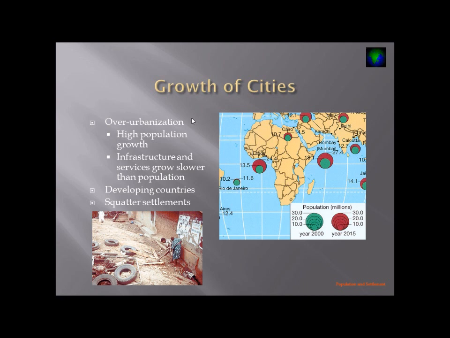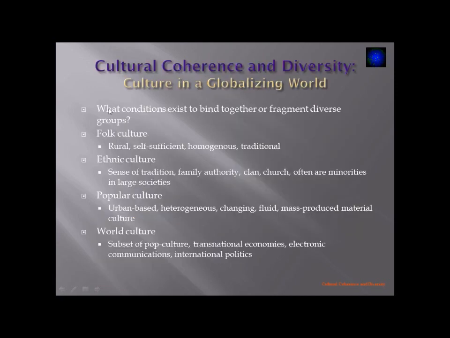When they get there, they find there are no jobs. They don't have the skills. And what we find is squatter settlements like this particular photo shows here. So you can see the growth, over-urbanization, if you will, of areas. There's Lagos, Mumbai, Cairo, all in developing countries.